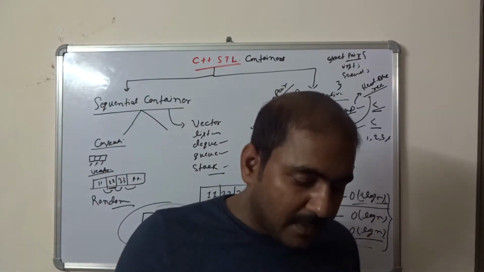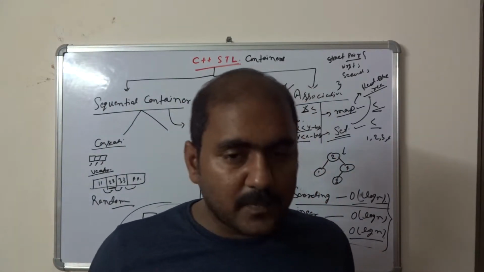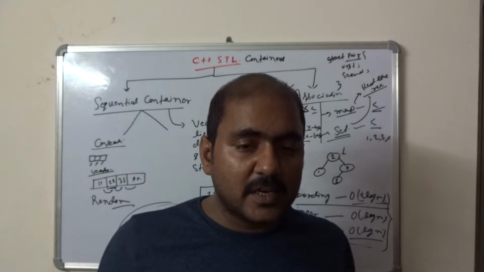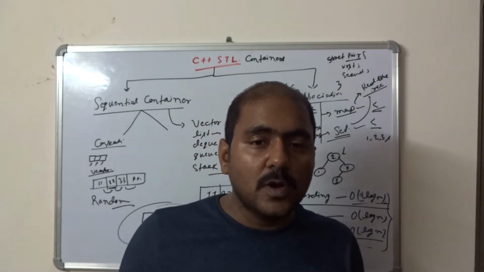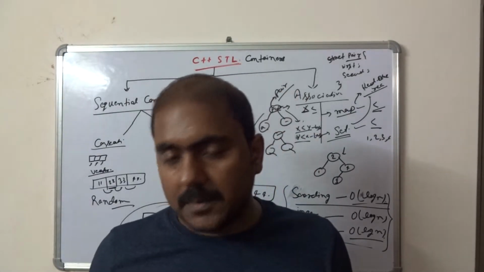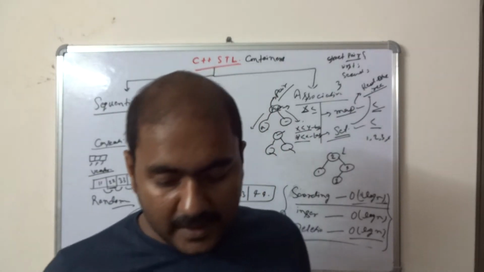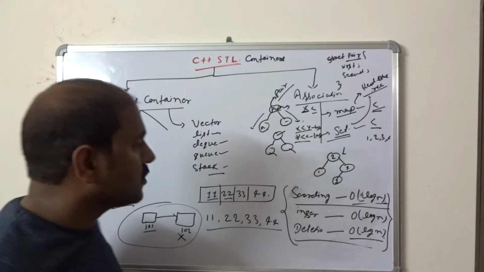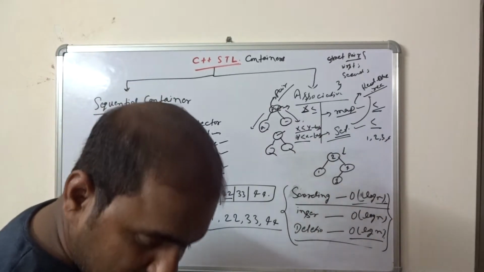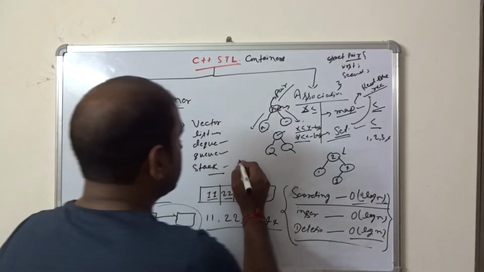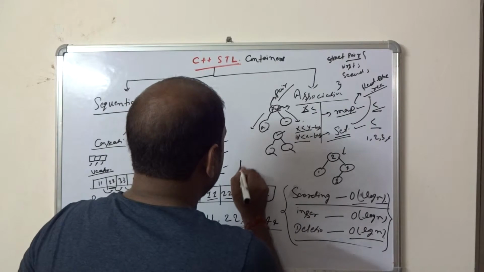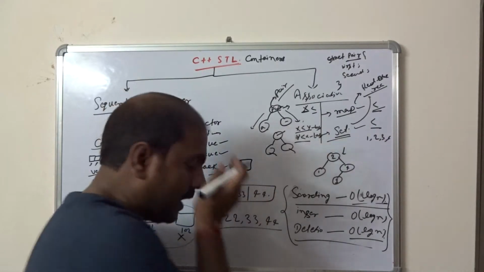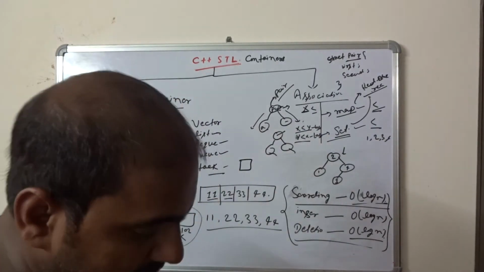We have vector, we have list, map, set, queue, dequeue, stack, and C++11 introduced array as well. List we know. List is a sequential container, but vector has consecutive memory.